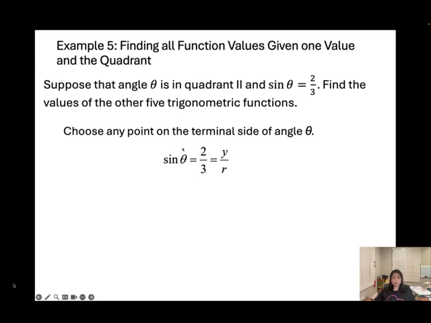Remember that will be y over r, so that means y equal to 2 and r equal to 3. We try to figure out what is your x. Remember the formula? x squared plus y squared equal to r squared. So plug it in.